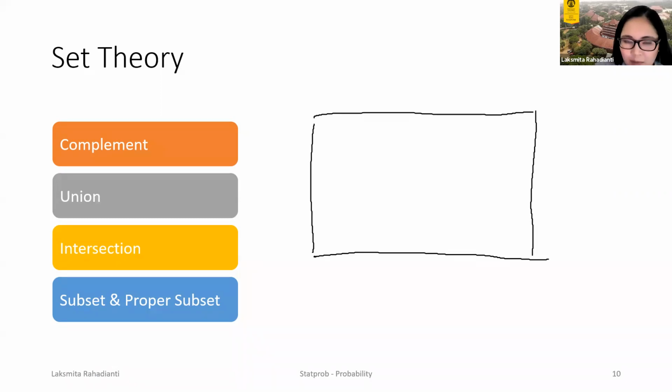Please correct me if I'm wrong. In Indonesian, it would be semesta, or like everything that could happen, every possible scenario. And in the context of probability, this is our sample space. This is the space that represents every single thing that could happen.